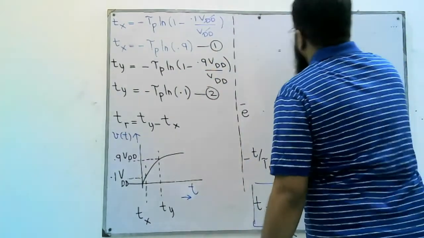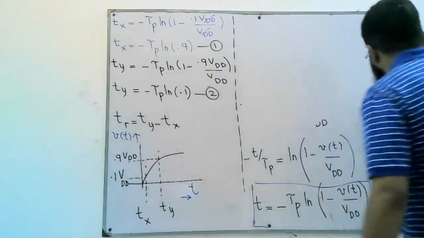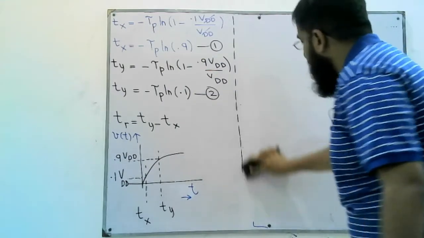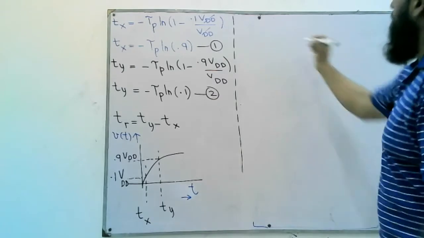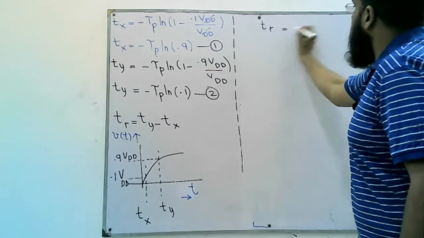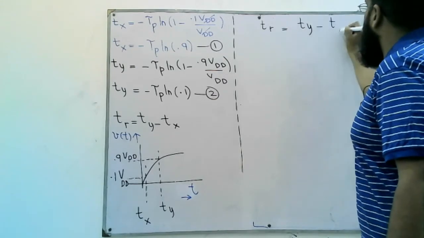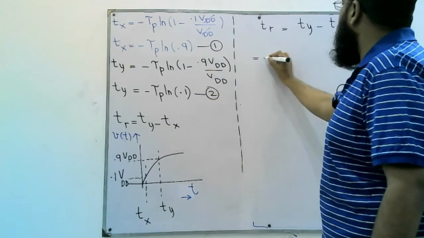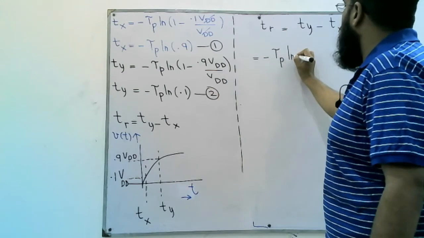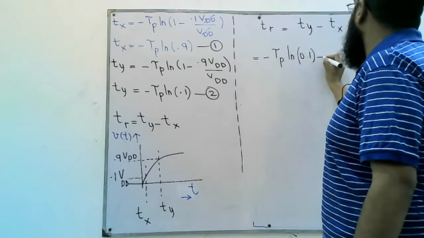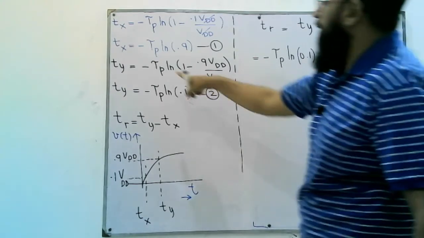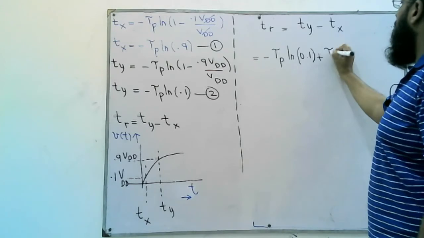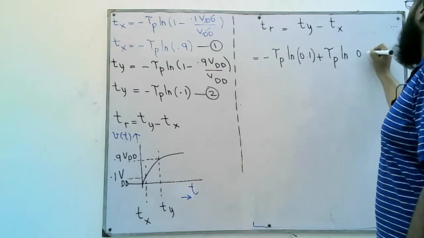So the rise time TR can now be computed simply as dy minus dx, where dy is minus tau p log of 0.1 minus dx, which is minus tau p log of 0.9, so minus times minus becomes plus tau p log of 0.9.